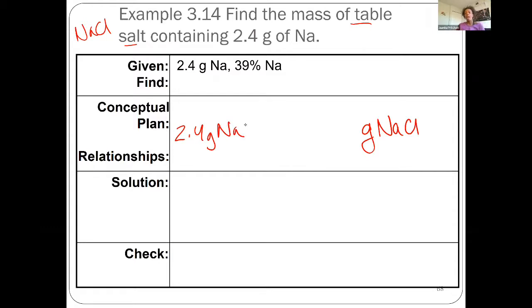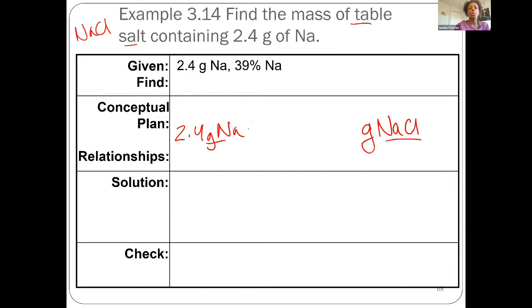Now, because we have this mass percent, we can simply do this in one step. What we're looking for is a means to go from this to this. And so when we're going from grams to grams, that's where a mass percent is useful. So if it's not given to you, if you know the formula, you could actually first figure out what the mass percent of the element is and then use that.